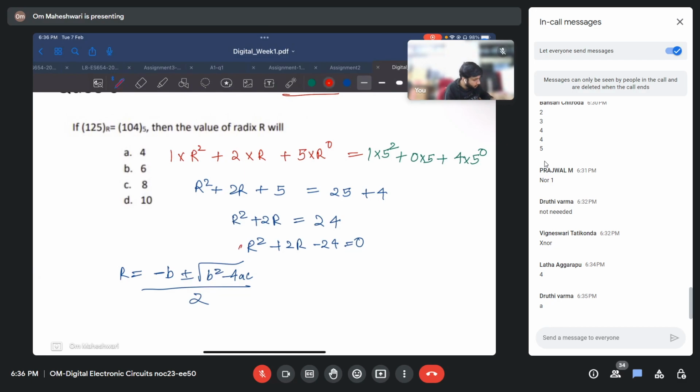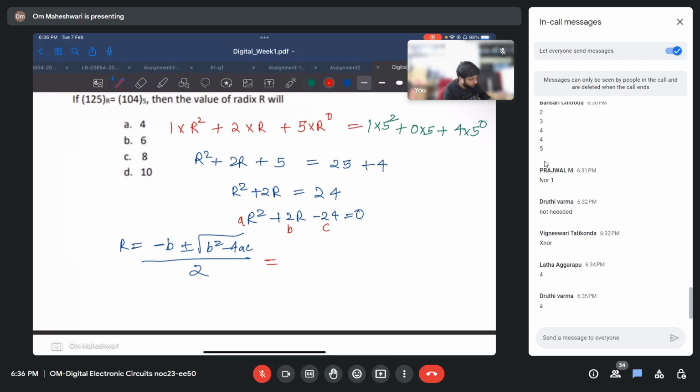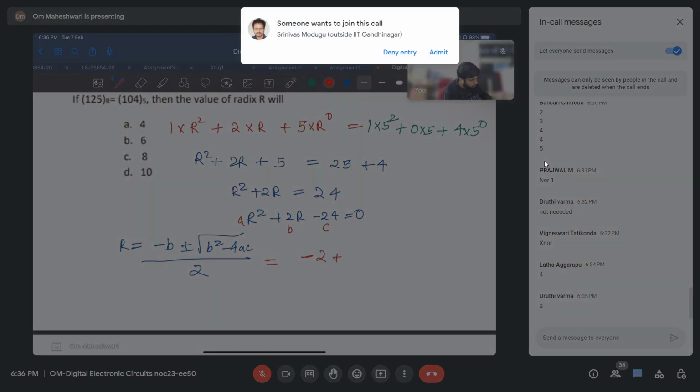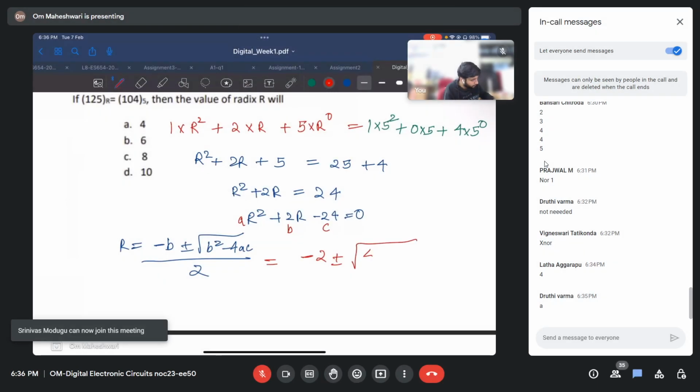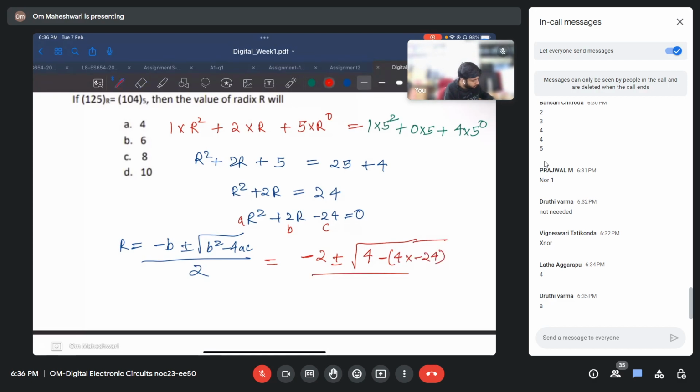So this is A, B, C. We get minus 2 plus minus under root 4 minus 4 into minus 24 upon 2 into 1.